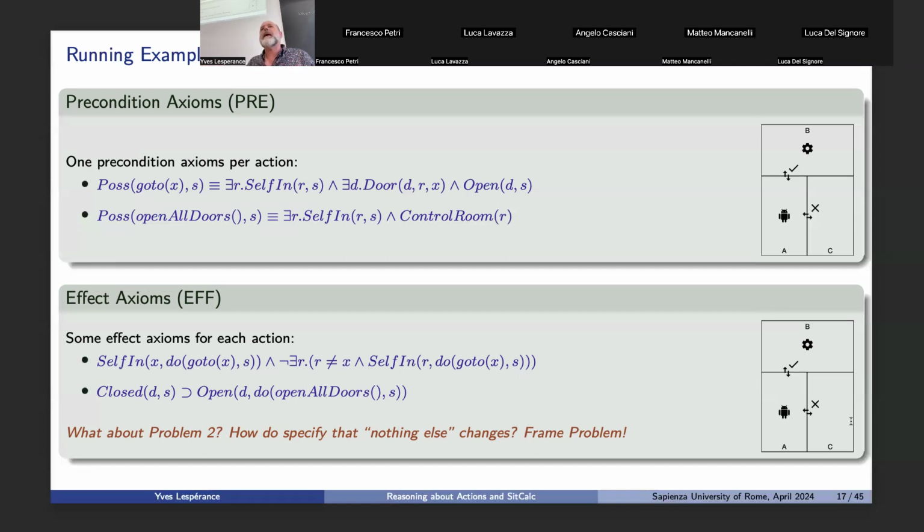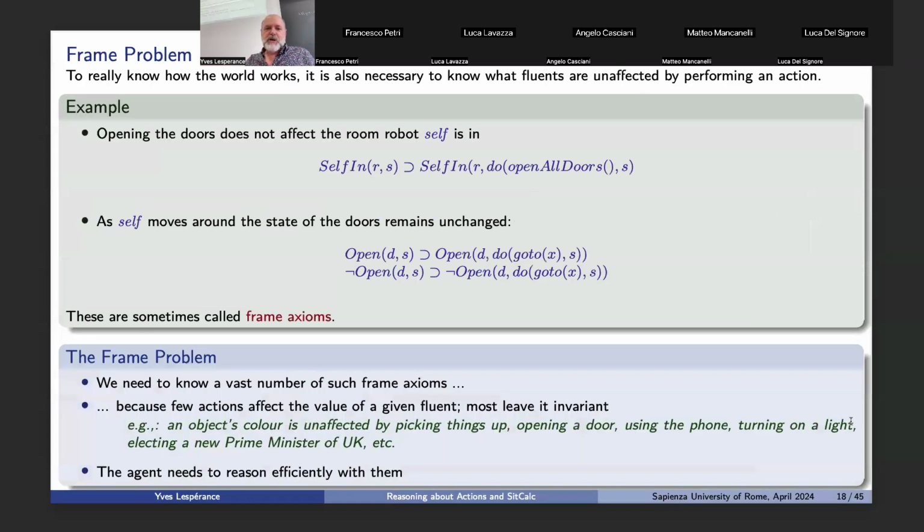And so if we want to be able to reason about what can really happen, we want to say that nothing else changes. So that's the frame problem. To really know how a world changes, you need to know which fluents are not affected by performing an action.